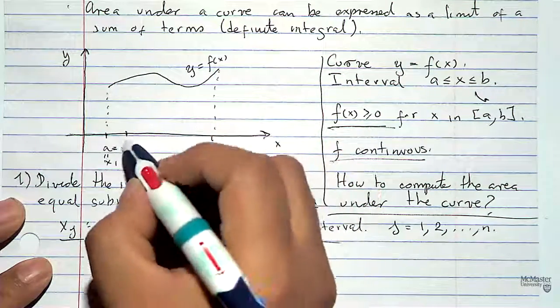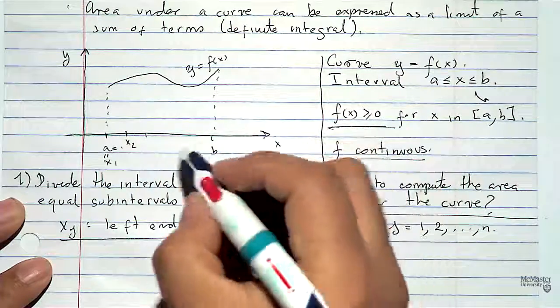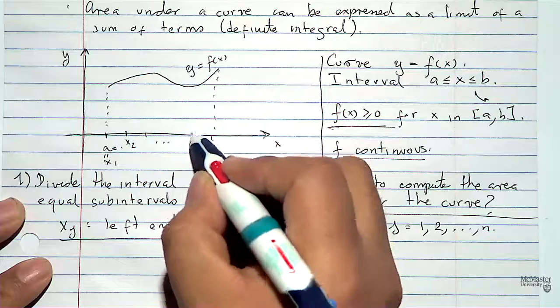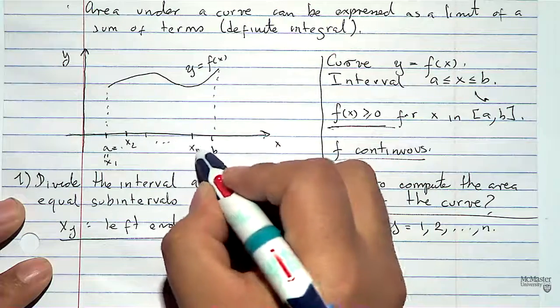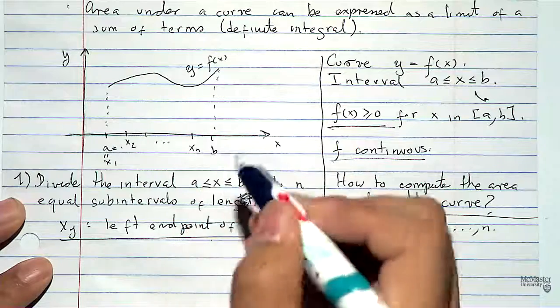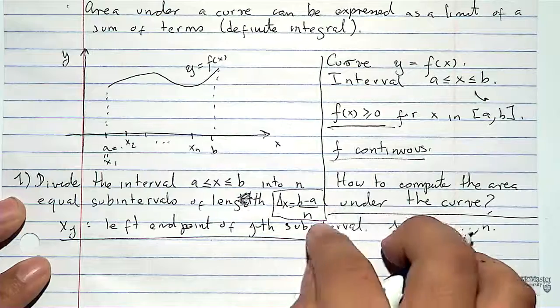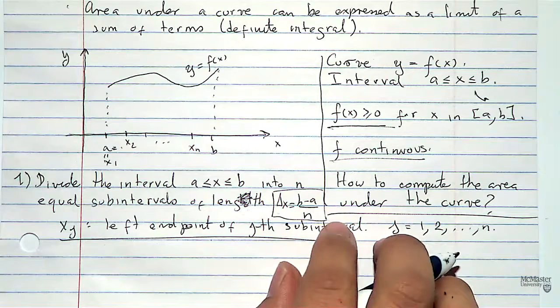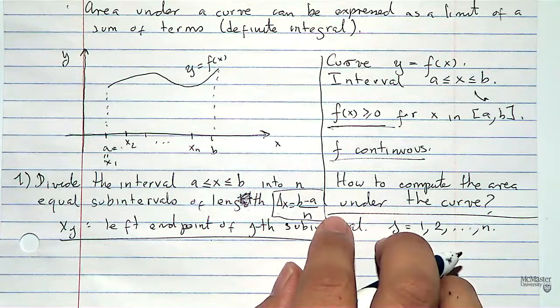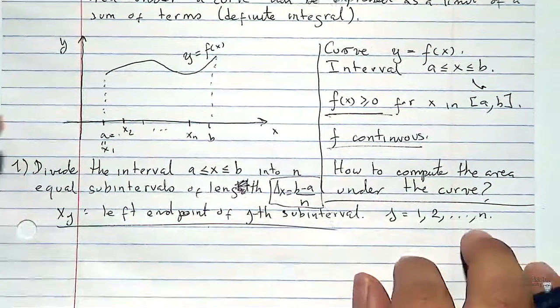Then I have x2 over here, and so on and so on. Then I would have xn, which is the left endpoint of the nth subinterval, and this would be the last subinterval. Now, of course, the length, if I have done a division into n subintervals, is the length of the interval divided by n.